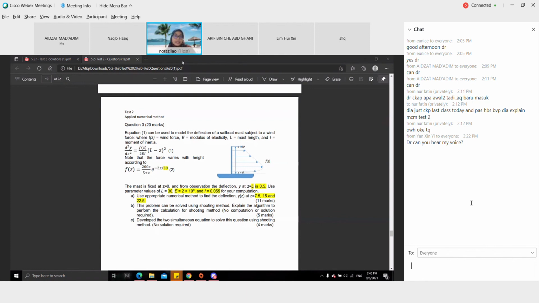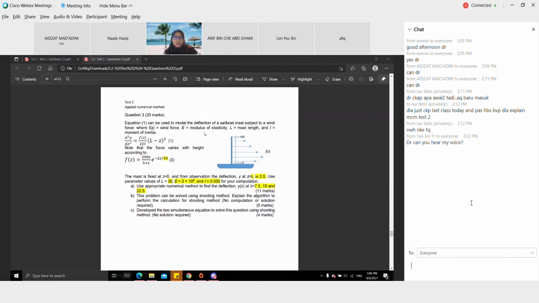So that's it. Most of the time students will score in test 2. Ada skema jawapan tak saya bagikan? Ada skema jawapan kan? Ada. So you go through it again and again, but anyhow the questions will not be the same.